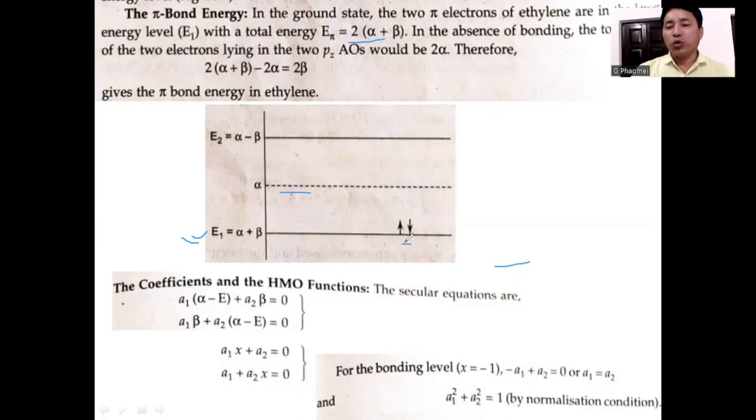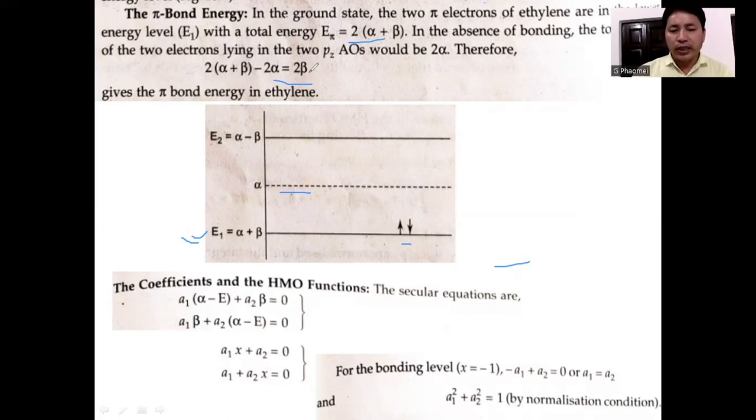Then when the 2p orbital energy is alpha, because there are 2 electrons, you will have 2 alpha. So if you subtract the 2 alpha, the bond energies before it comes to the Hückel molecular orbitals, then finally the pi bond energy is 2 beta.